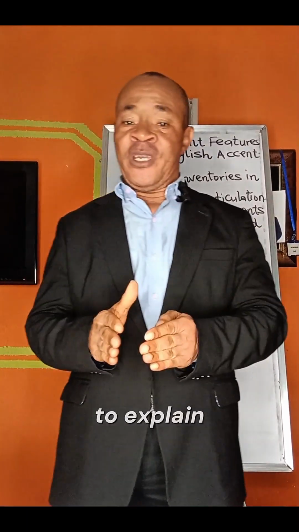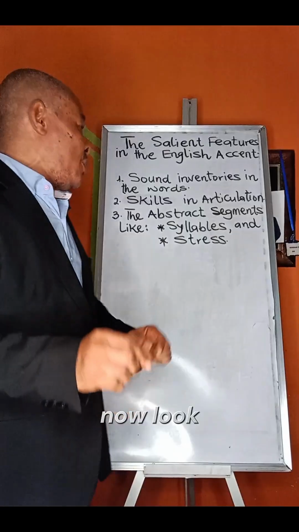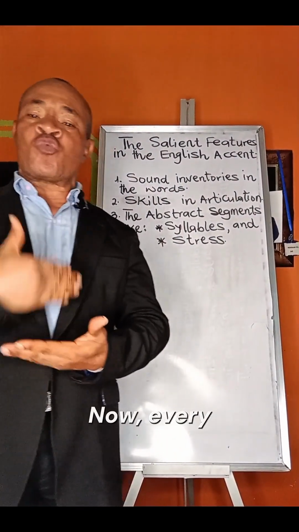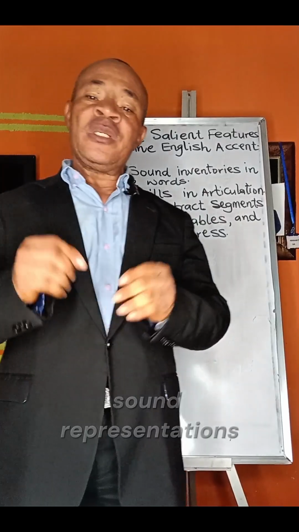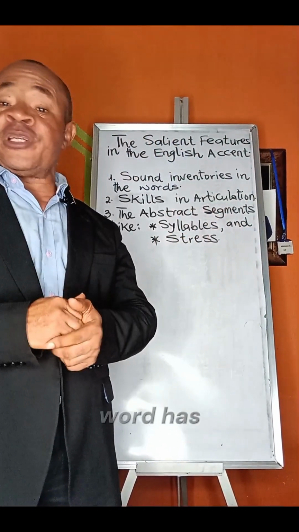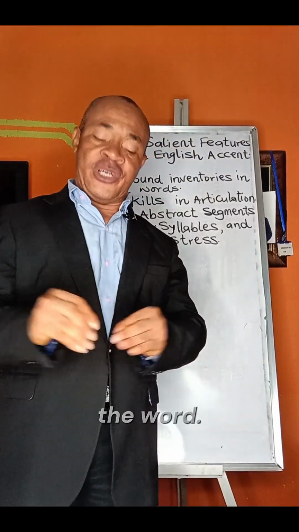I want to explain certain things here for our understanding. Now, look at this. Sound inventories in the words. Every word in the English language is spelled in letters, and those letters have sound representations. So every word has its sound inventories, or sounds within the word.